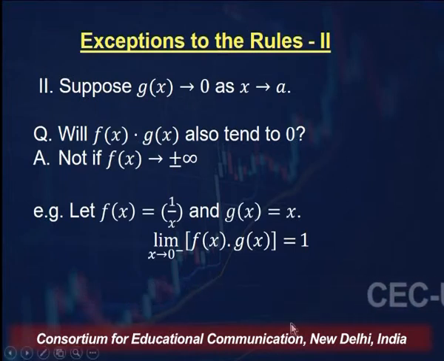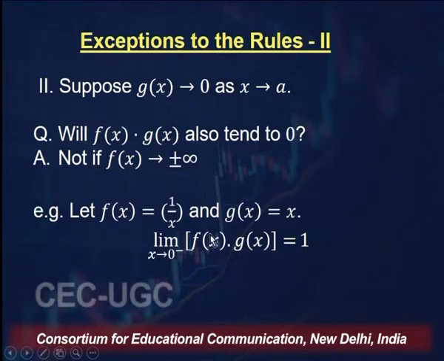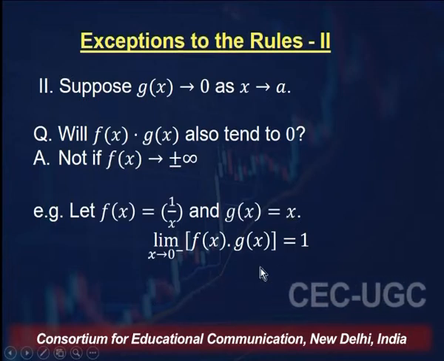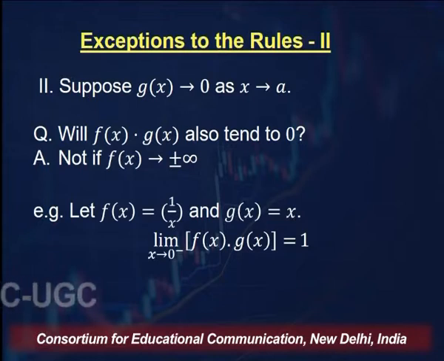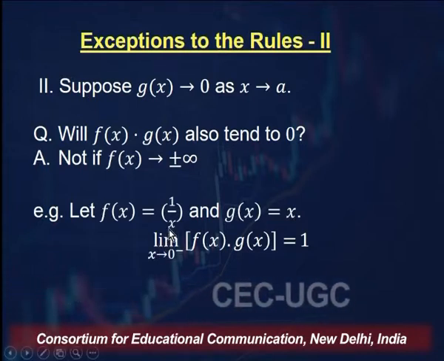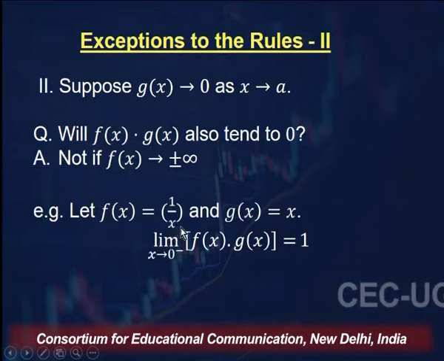When you take the product of the functions f and g, what do you get? 1 by x times x. And the x's will very nicely cancel out. And what do you get? You straight away get a 1. Okay, so clearly this was a situation where the function f of x is 1 by x.